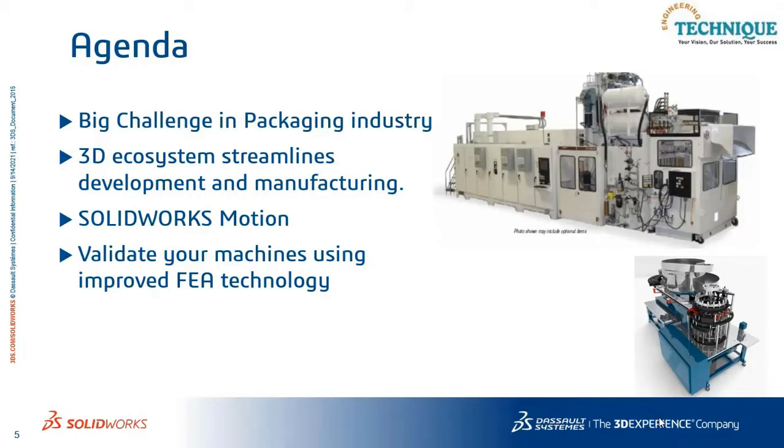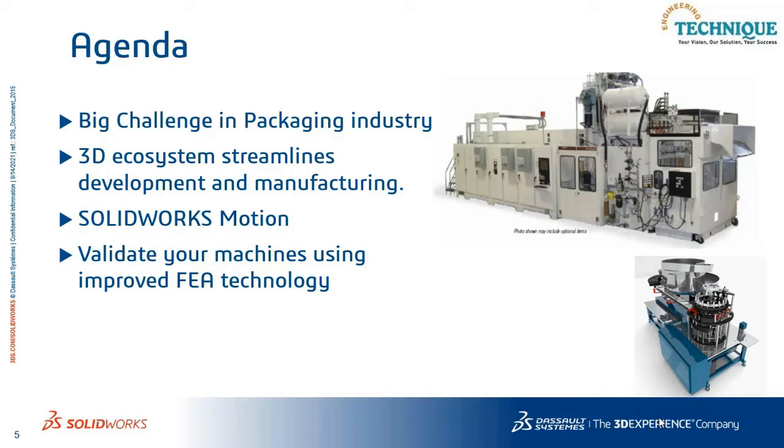Today's agenda is the big challenges in the packaging industry, then how the 3D ecosystem streamlines development and manufacturing. How, with 3D modeling using SolidWorks, we can design our packaging machines.